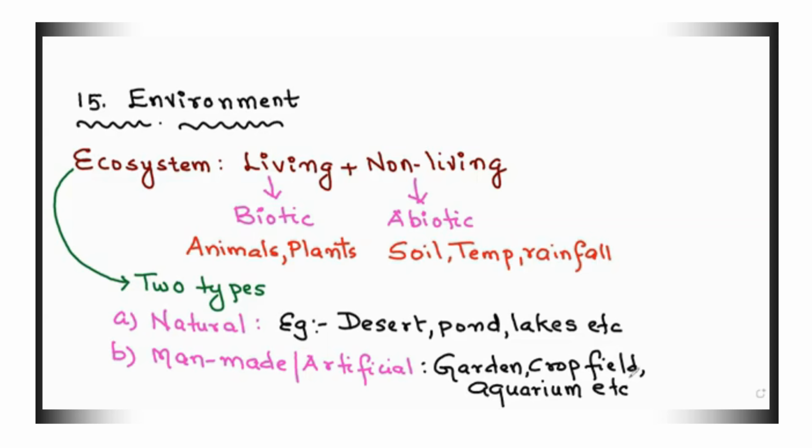And there are two types of ecosystem. One is the natural ecosystem and the other is the man-made or artificial ecosystem. Now we have to classify our organisms under various categories.